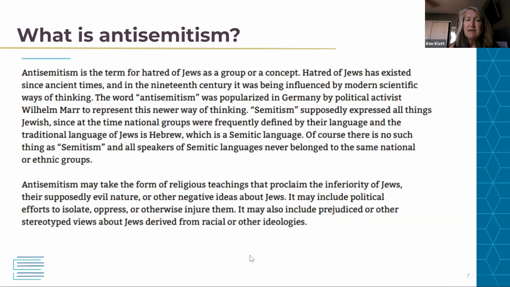So overwhelmingly, my students would not have probably known a Jewish person. And so to them, it might seem like a concept because they don't know somebody in that group, right? And so they might see it more as a concept, and it might be based on those stereotypes.